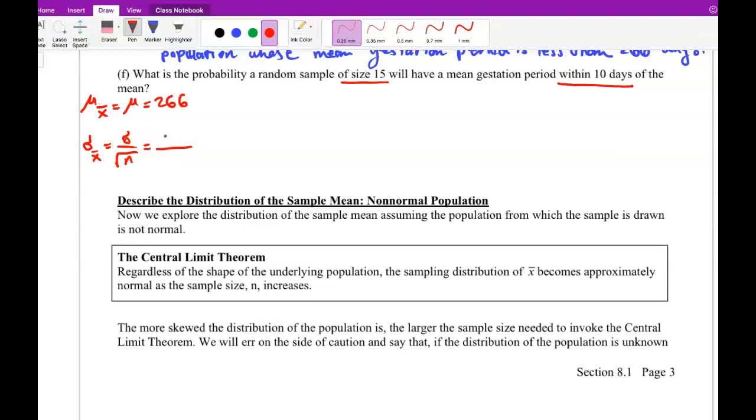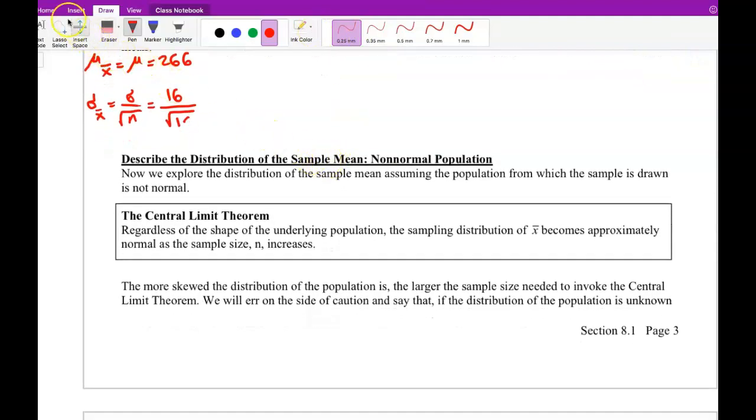So the population standard deviation was 16 divided by the square root of n, which is 15. So that is equal to 4.1312.